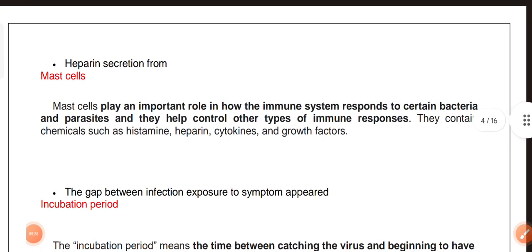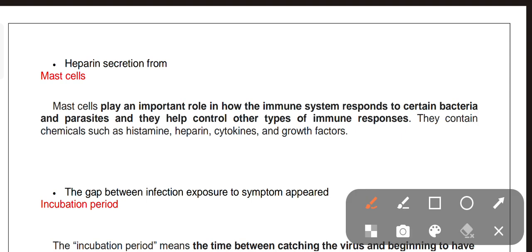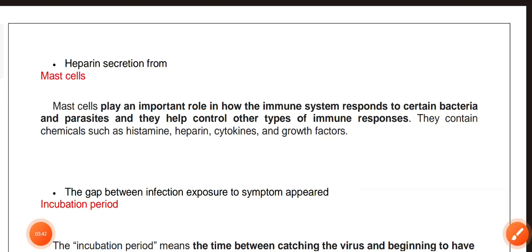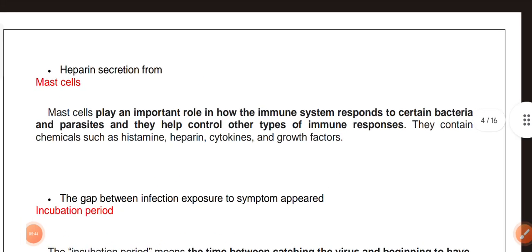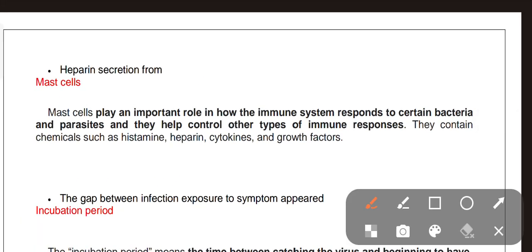And the next point is heparin. Heparin, you all know, is an anticoagulant. So from where does heparin get produced in our body? The answer is mast cells. From the mast cells we get the heparin secretion. Mast cells play an important role in how the immune system responds to certain bacteria and parasites.